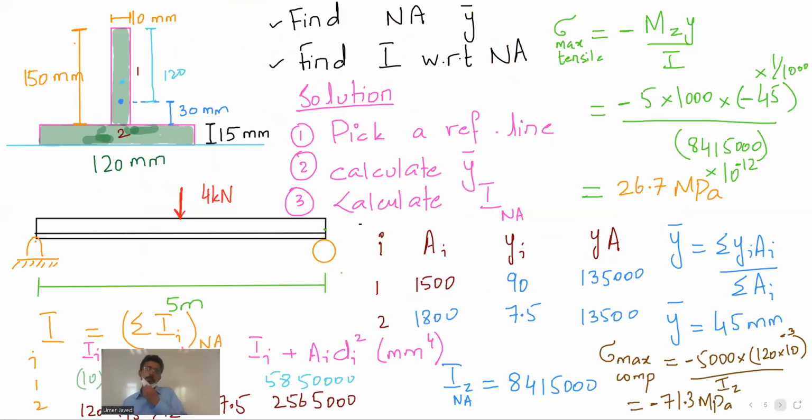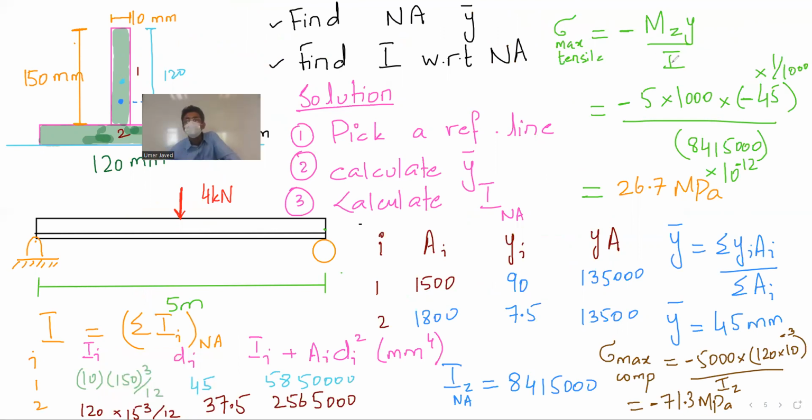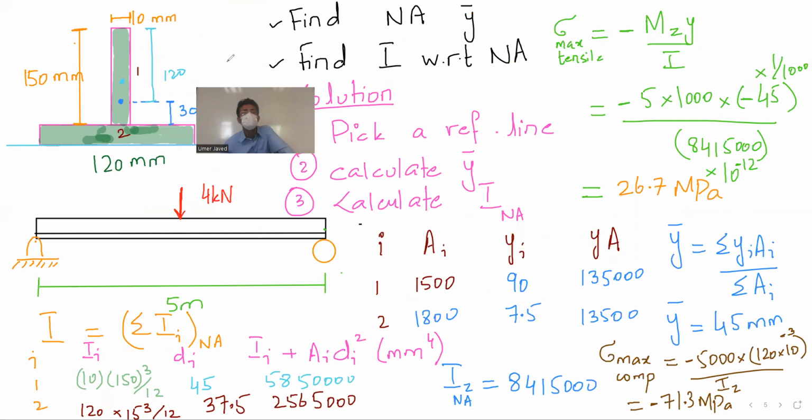So C is actually the maximum distance. Last time, for this problem, when I was writing the formula MC over I, one of the students stopped me. He said, you are saying that C is the maximum distance from the neutral axis. When you're talking about the tensile one, the distance is not the maximum from the neutral axis.